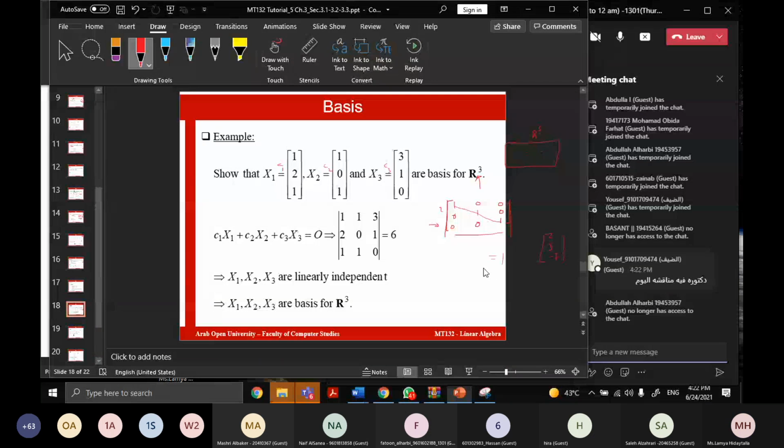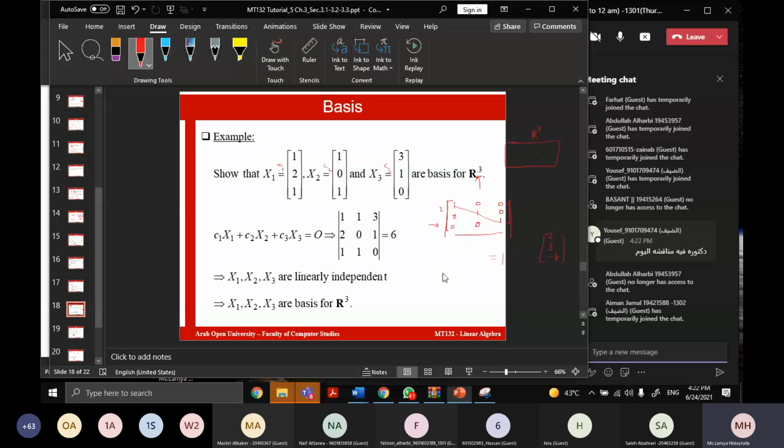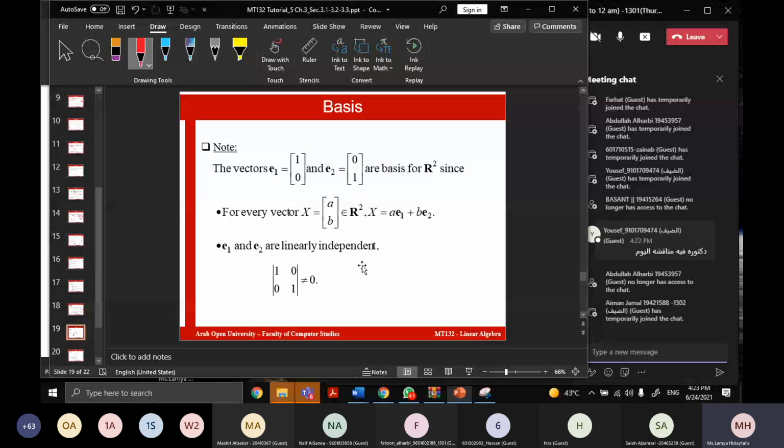We put it, and we find that we have a linear equation or system of linear equations. So we form an augmented matrix A and here the B, and then we solve. Clear? Okay. You can find C1, C2 and C3 as we did before in a previous class.